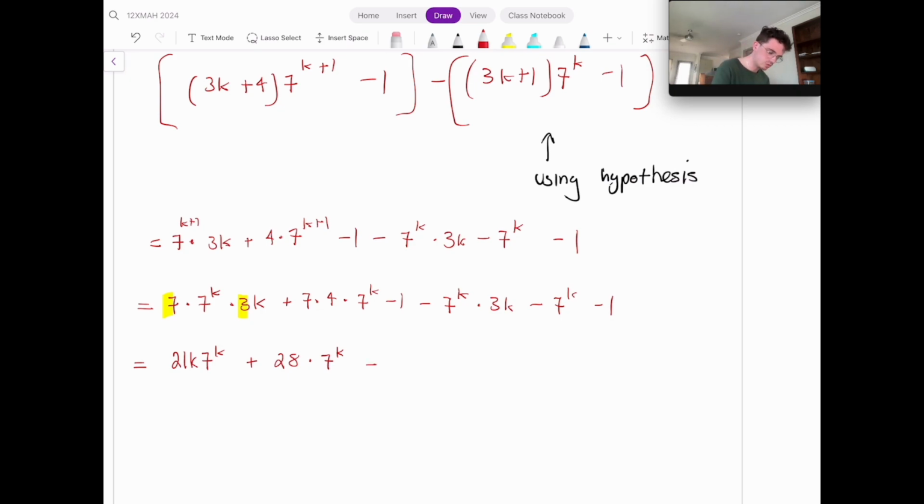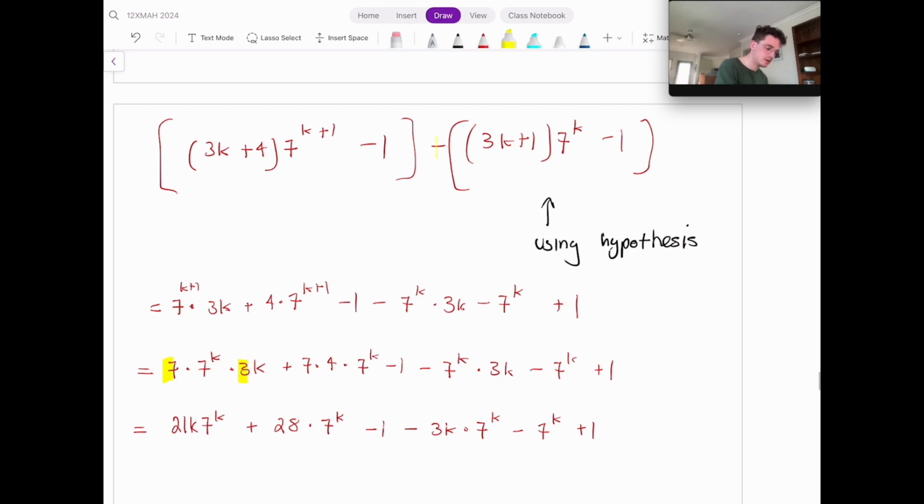We've still got a minus 1, minus 3k times 7 to the k, that hasn't changed, minus 7 to the k minus 1. And I'm not going too well today. Two minuses would make this a plus on the end, so that minus would make that a plus there.